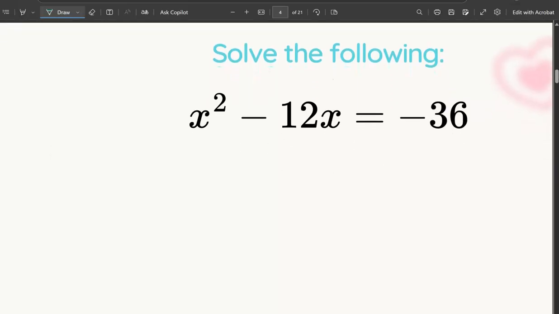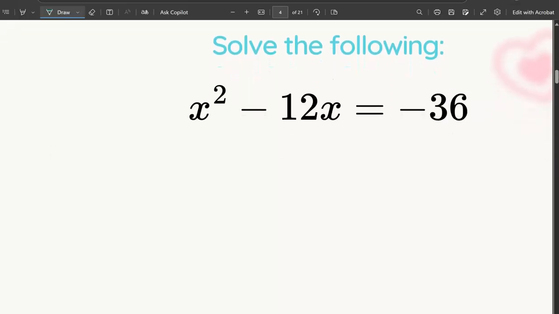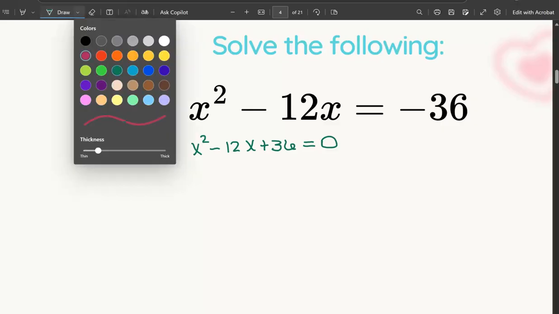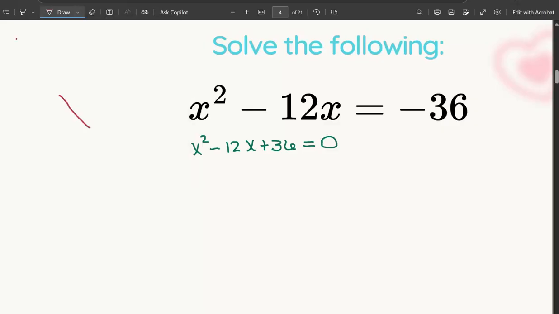So here's another one. I'm going to set this equal to 0. So I'm going to say x squared minus 12x plus 36 is equal to 0. I can solve this using factoring. And so I'm going to need two numbers that multiply together to give me positive 36, that add together to give me negative 12.